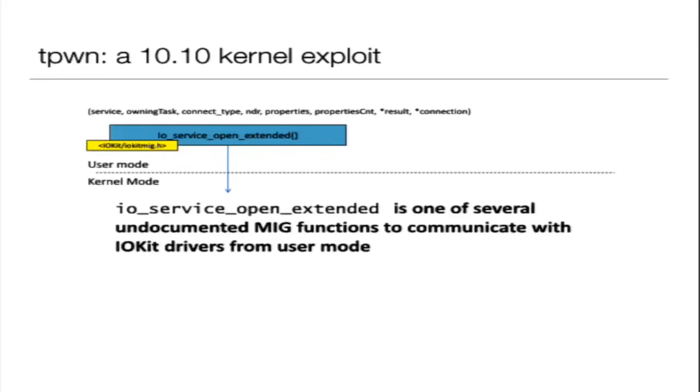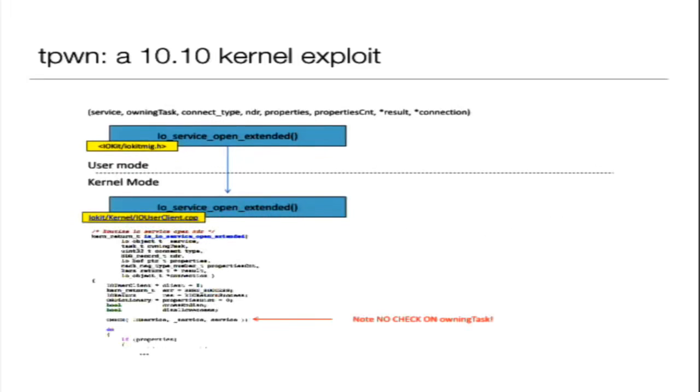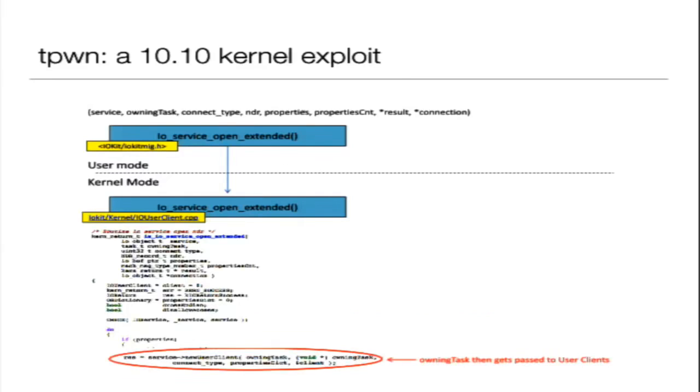When you pass arguments to a function that travels through MIG, MIG itself serializes and unserializes all the arguments you pass in. But in this particular function, there is no check on the task you pass in. So if you pass in a task which is not actually a task, it will pass it down as null to the user client.